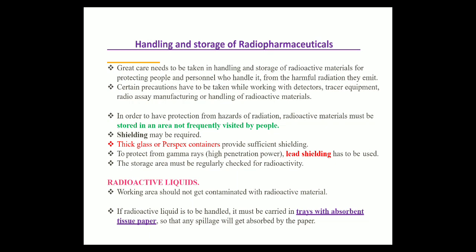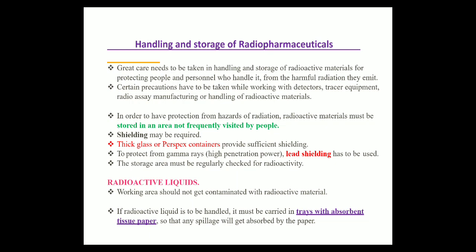Great care needs to be taken in handling and storage of radioactive material, for protecting the personnel who handle it from the harmful radiation they emit, because radiations are very harmful for human beings. Certain precautions have to be taken while working with detectors, tracer equipment, radioassay, manufacturing or handling of radioactive materials.